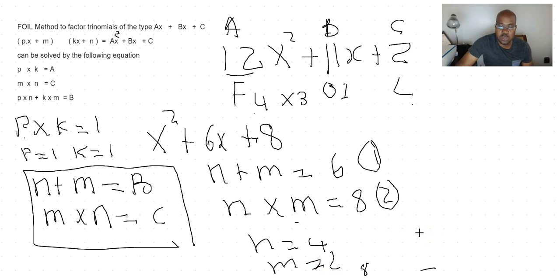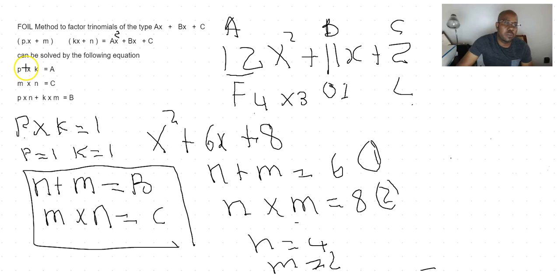If you want, you can solve it like equations, but guessing is really easy to do. My solution is n equal 4, m equal 2.